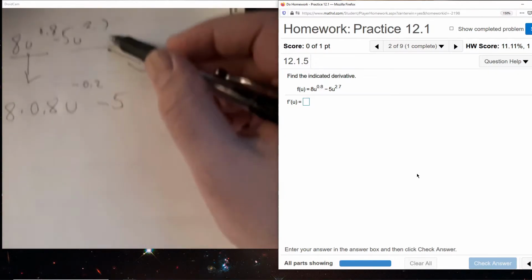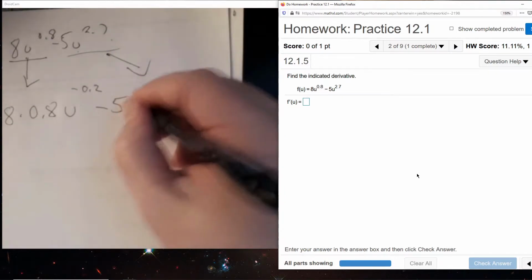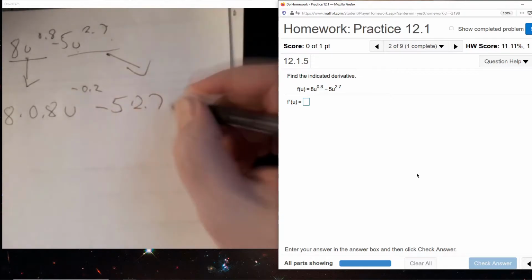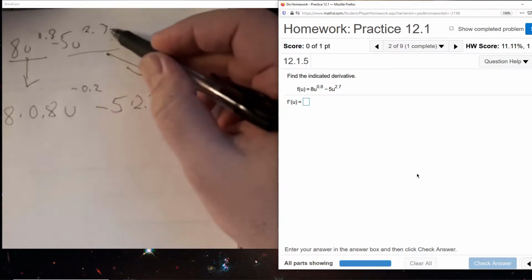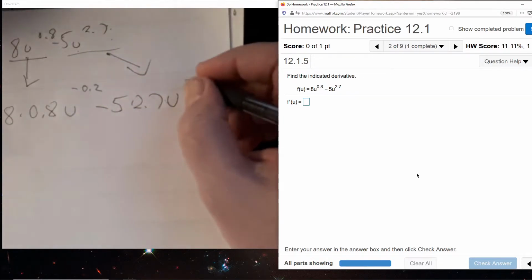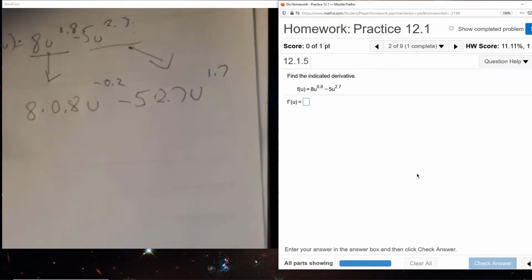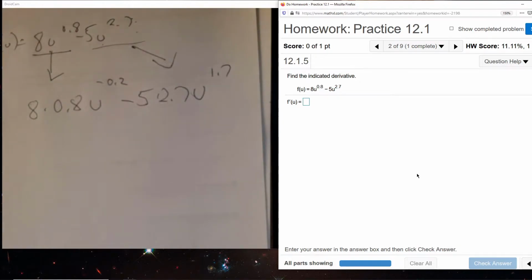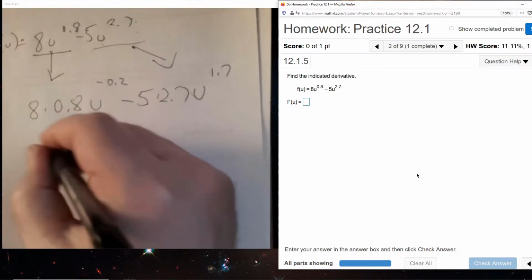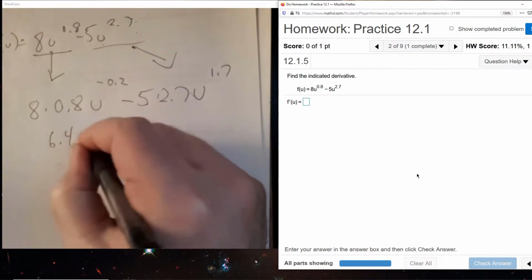And then we have 2.7, which will drop down, be our coefficient. And then we subtract 1 from that exponent. So 2.7 minus 1. And we'll clean this up a little bit. We got 6.4u.